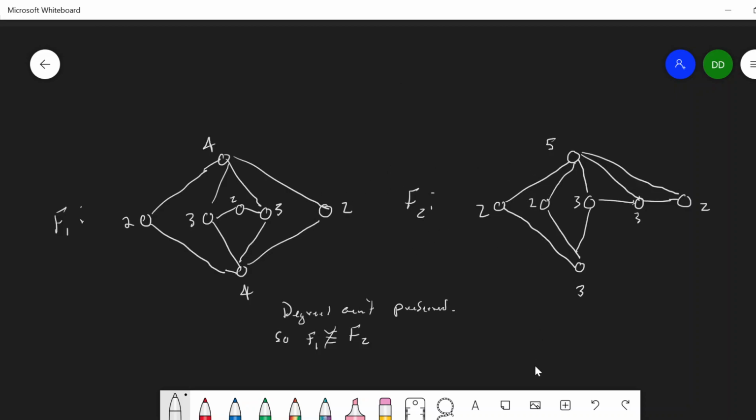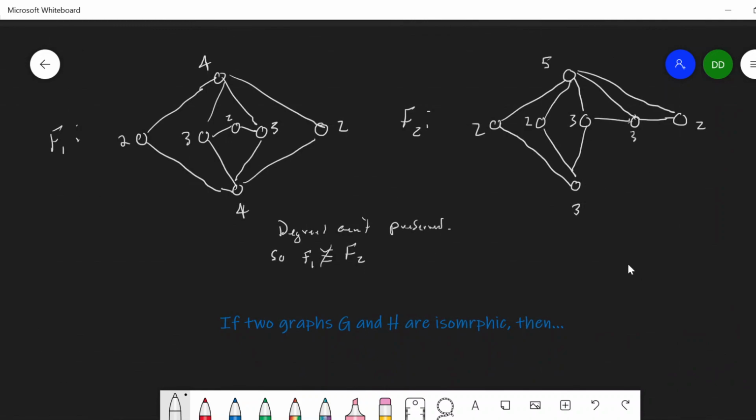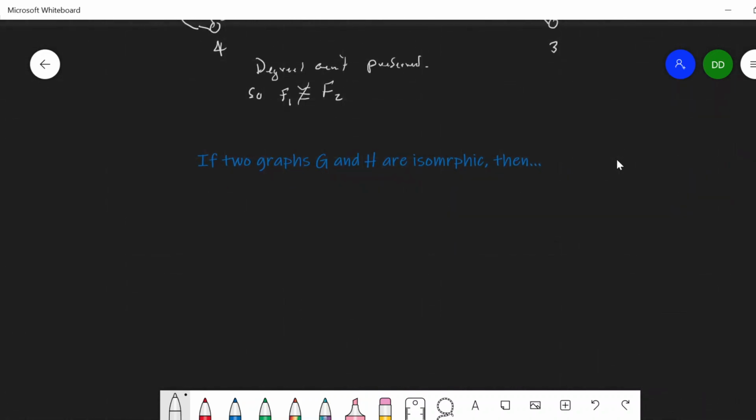So that's three easy conditions. If two graphs are isomorphic, then these three conditions have to hold. One, G and H have the same order. Two, they have the same size, the same number of edges.